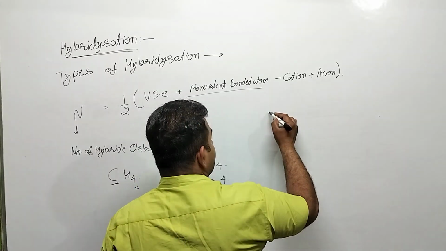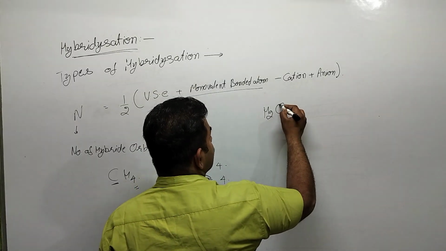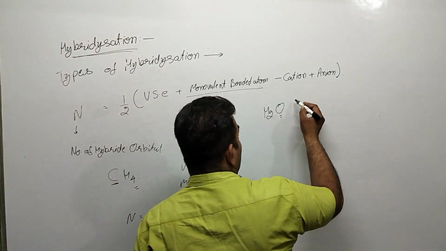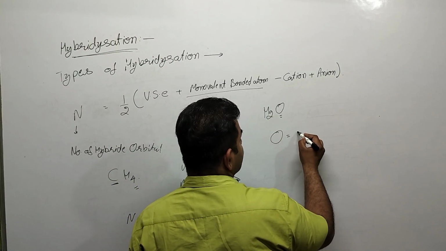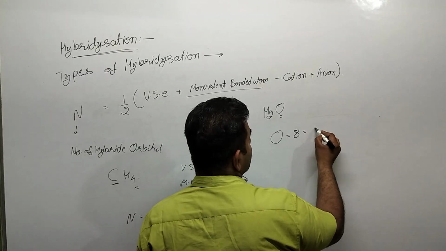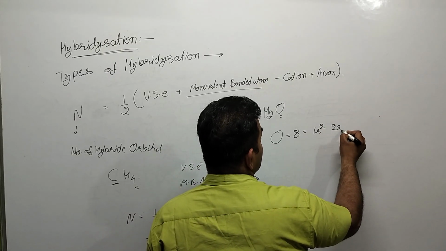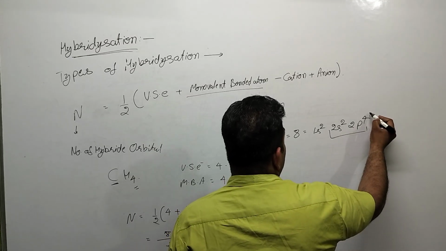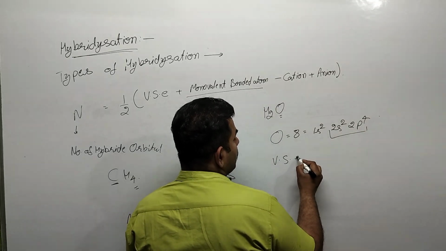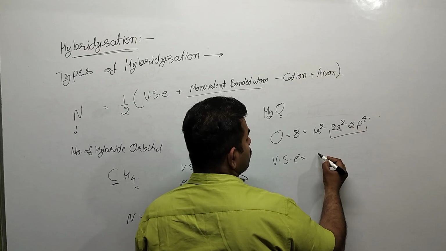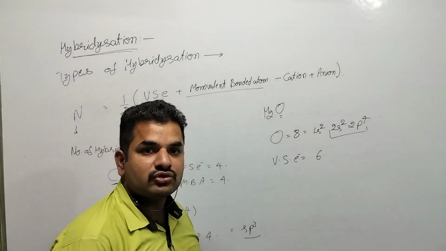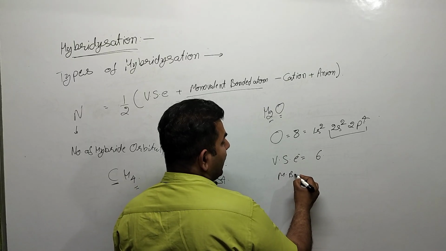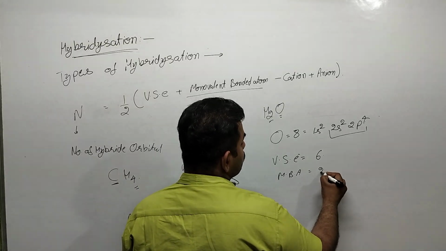In the same way we calculate the hybridization of the central atom oxygen in water. Oxygen has atomic number 8, 1s2 2s2 2p4, so 4 plus 2, that is 6 valence shell electrons are present, and hydrogens are monovalent bonded atoms, being 2.